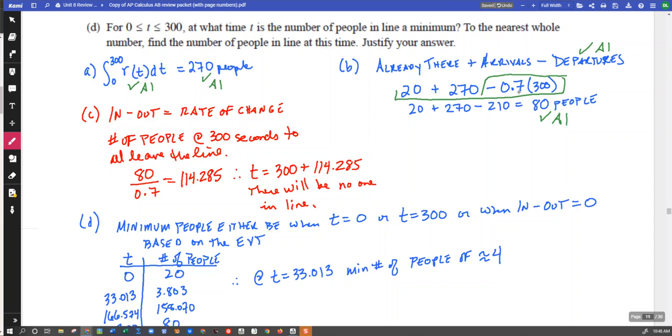You must show your work for these problems, at least the setup. So there, plus arrivals minus departures. For part C, when is the time? Well, the time is at 300 plus 114.285, and that is our only value. There needs to be some supporting work, but that 300 plus 114.285 will be 414.285.